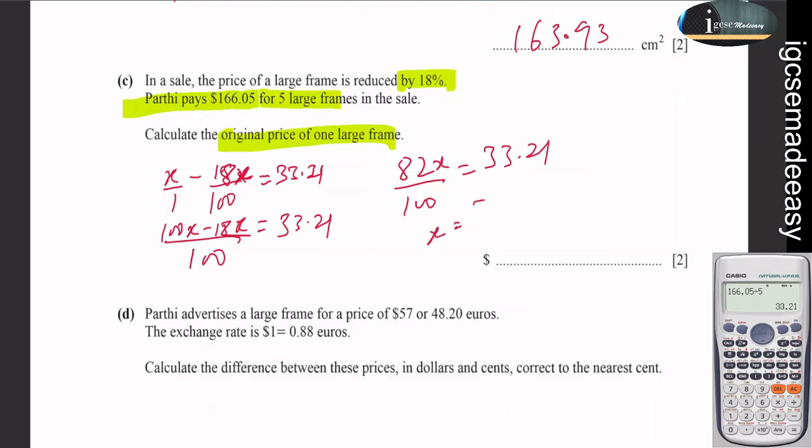So x will be equal to 33.21 times 100 divided by 82. Cross multiplying, 82 comes down. So we can use our calculator. 33.21 times 100 divided by 82 gives the answer 40.5. So the original price was 40.5 and after reducing it became 33.21.